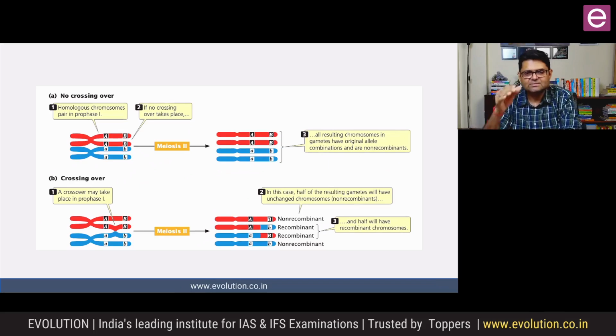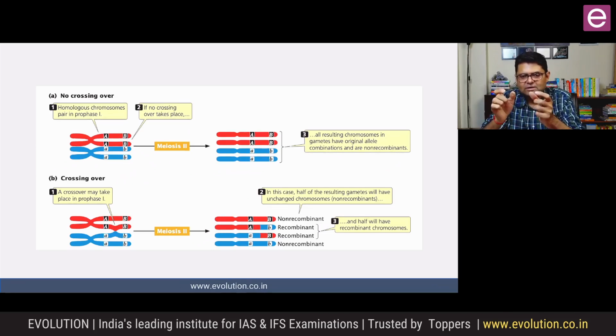Crossing over is a type of recombination. In recombination, there are always two DNA molecules which interact with each other. In mutation, two DNA don't interact with each other, but there may be some error in replication, some chemicals, some radiations, which will change the nucleotide sequence. But there is no interaction among the DNA.